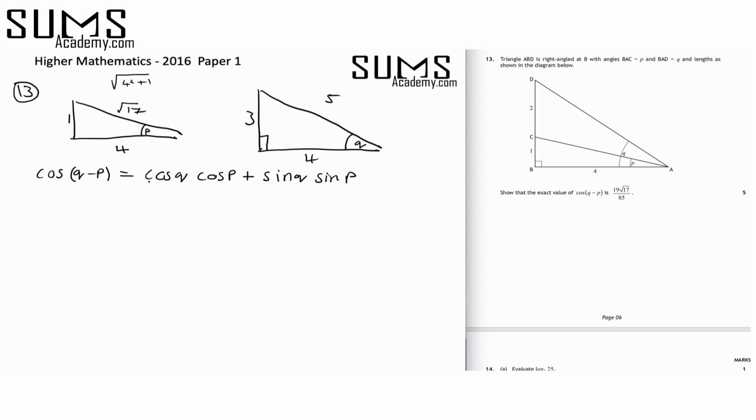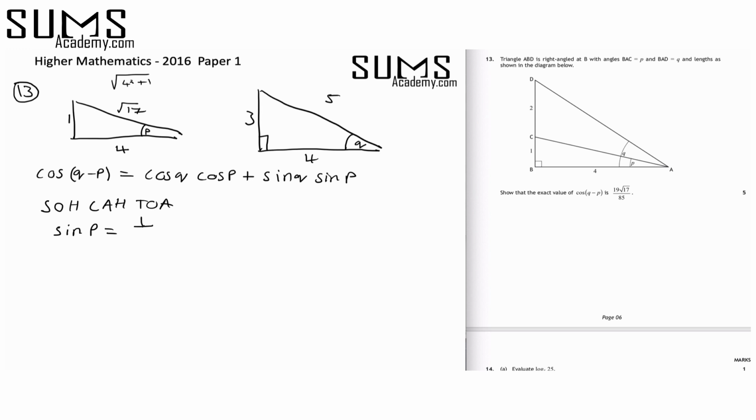Okay, well, actually using trigonometry, we can have values for all of these expressions. So just using SOHCAHTOA, we can work out all the things we need to know. So sine of P, well, we just need to look up here. Sine of P is opposite over hypotenuse.